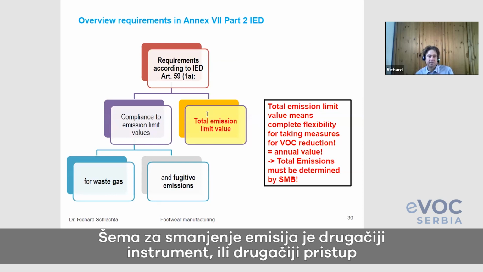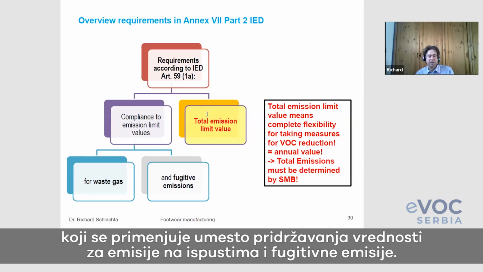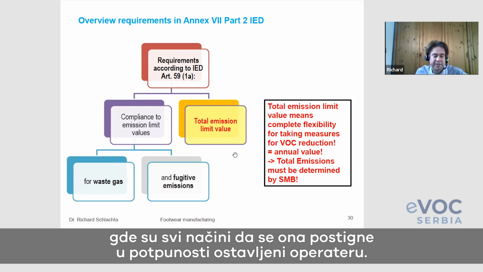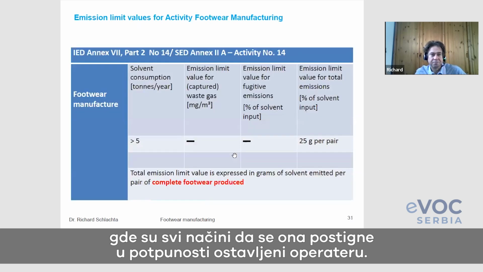A reduction scheme is a different tool or a different approach instead of complying with stack emissions and fugitive emissions. But here it's not relevant, because we have a total emission limit value where all ways of complying are open to the operator.